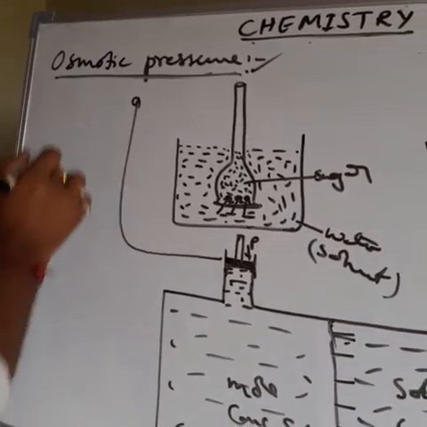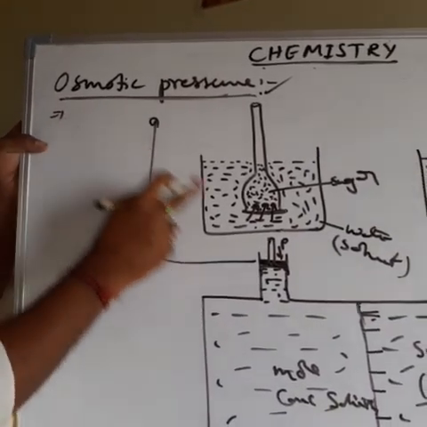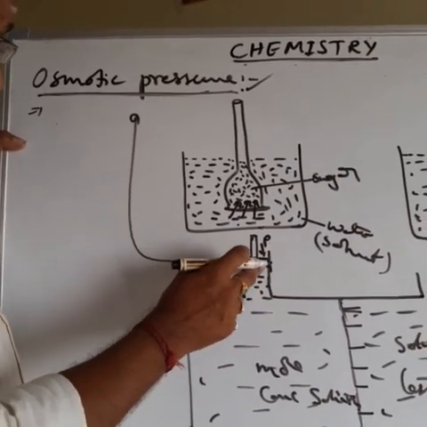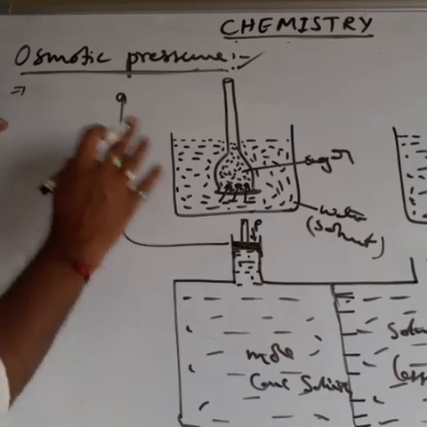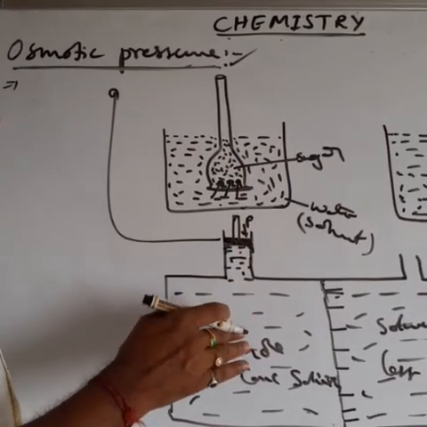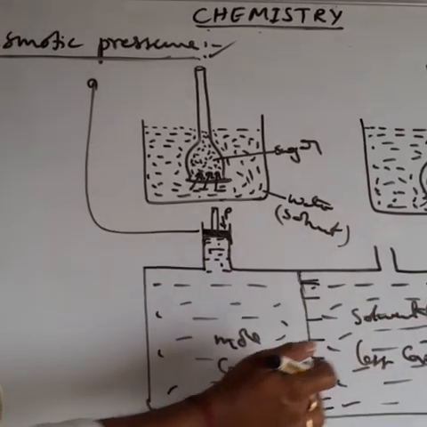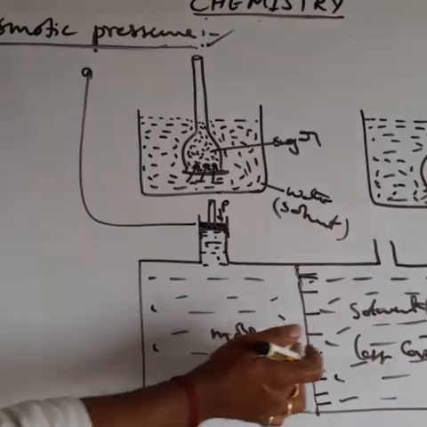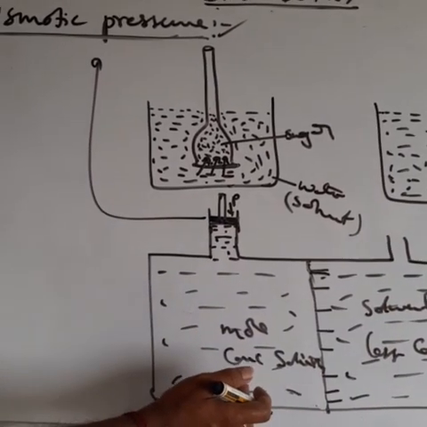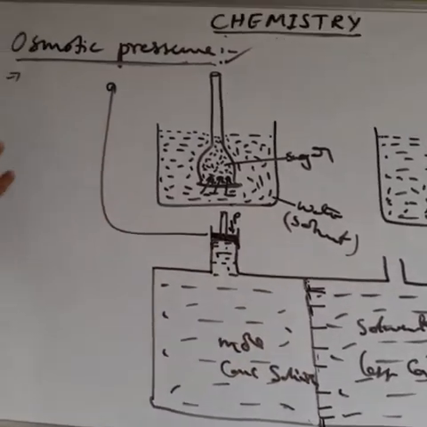What is the osmotic pressure definition? The pressure more than osmosis applied on the solution side, in order to stop the flow of solvent particles from the solvent to the solution, or from less concentration to more concentration solution, through the semi-permeable membrane. That phenomenon is called osmotic pressure.